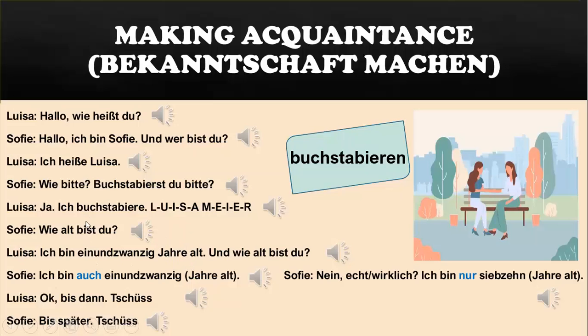So this question and answer pattern is the same as in English, because in English we also ask how old are you, and you reply by saying I am this many years old. So let's listen to this dialogue first.